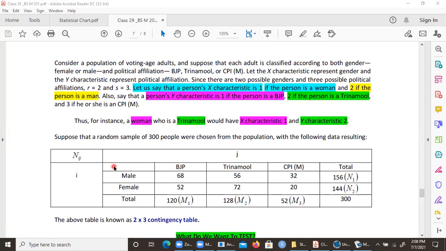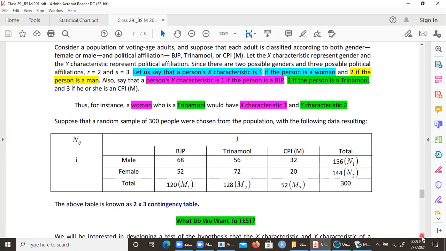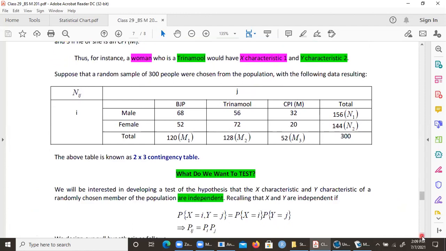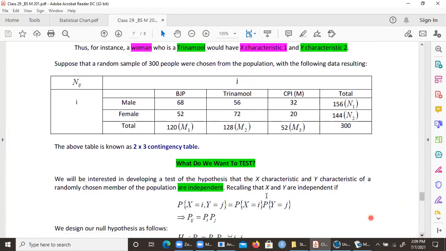Here the observations are bidirectional, so two subscripts have been used, I and J: one counts male and female, and the other counts the political parties. This sort of table is called a 2x3 contingency table.